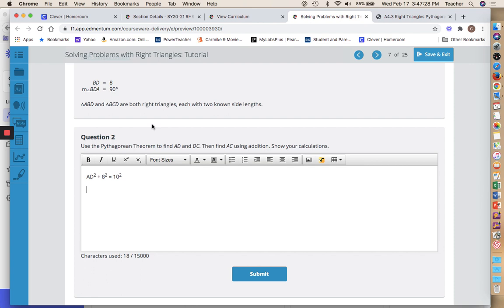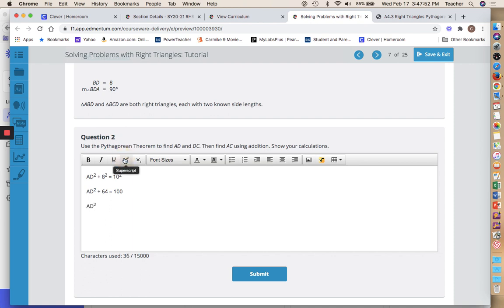That's a squared plus b squared equals c squared, c being the hypotenuse. So now I need to figure out what these are. 8 squared is 64, and 10 squared is 100. Now I've got to subtract 64 from both sides.